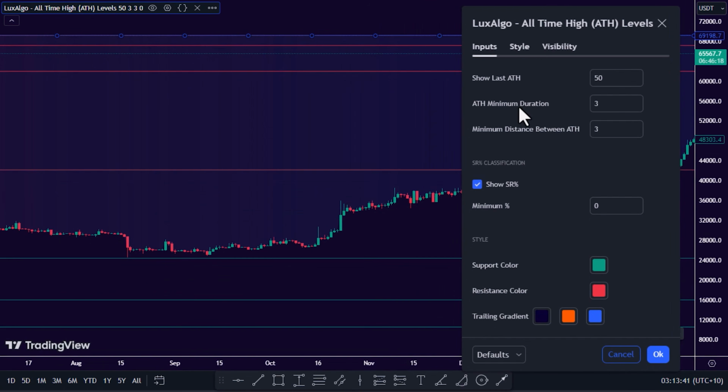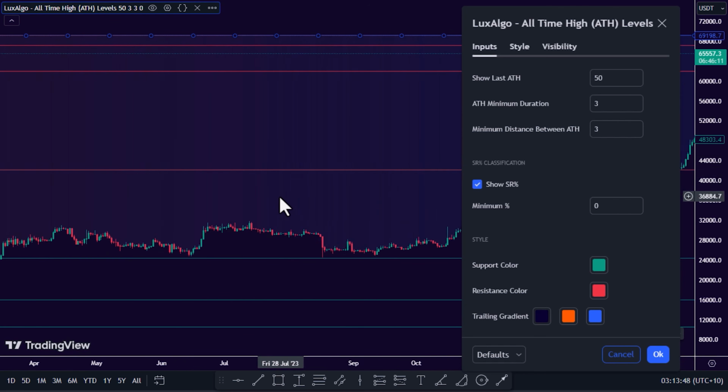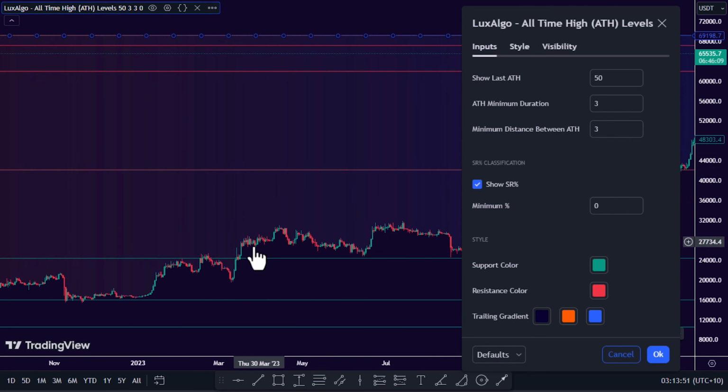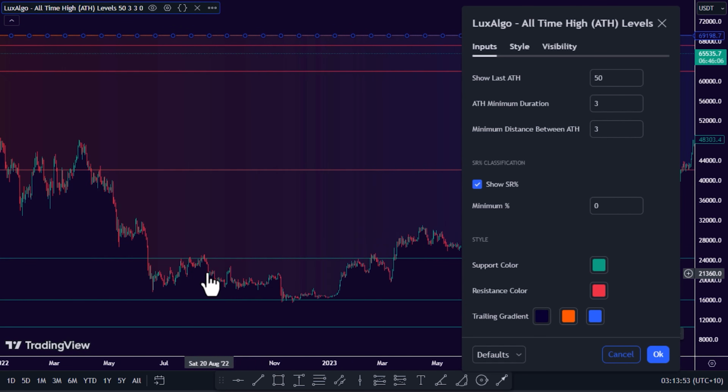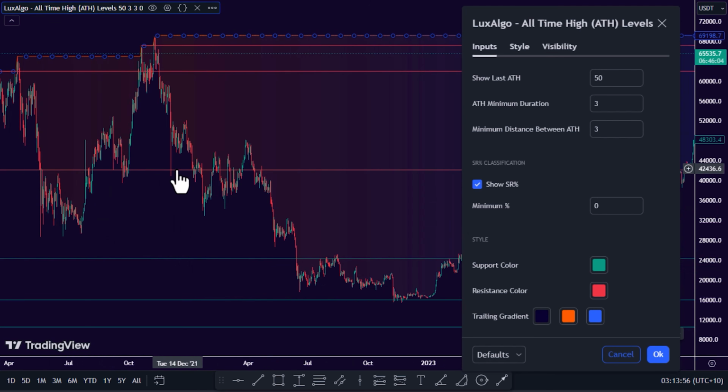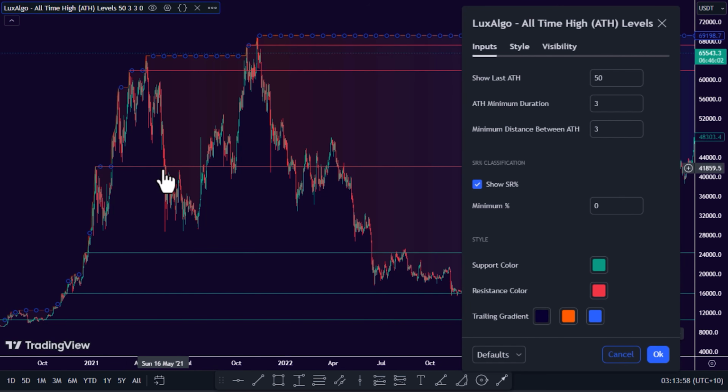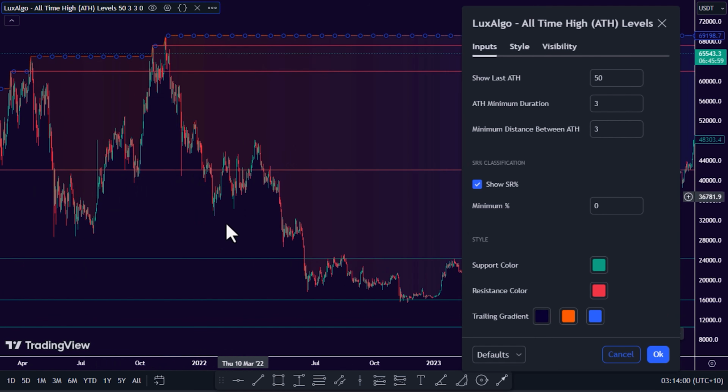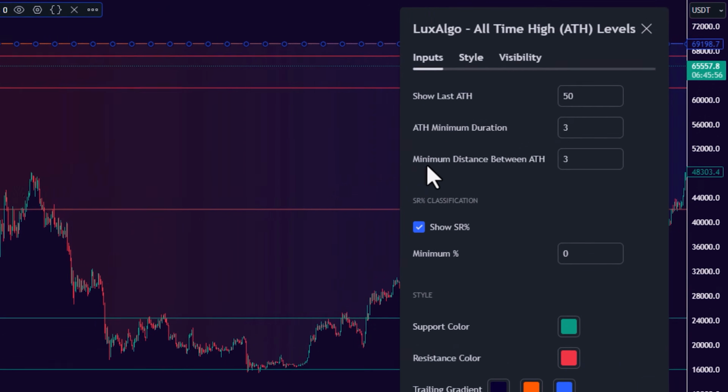Users can filter out temporary ATHs using the ATH minimum duration setting, removing any ATH that lasts less than the user's specified number of bars. Higher values of this setting effectively preserve ATHs that become distinguishable peaks. These can offer more significant support resistance levels.